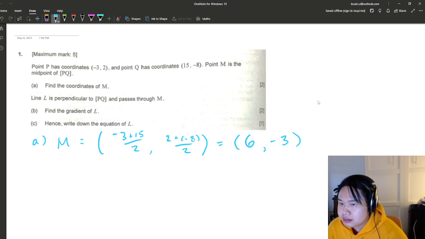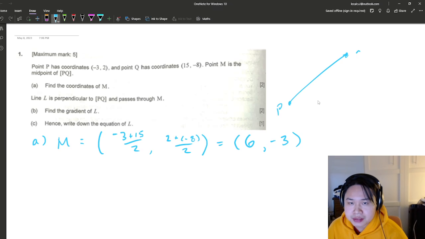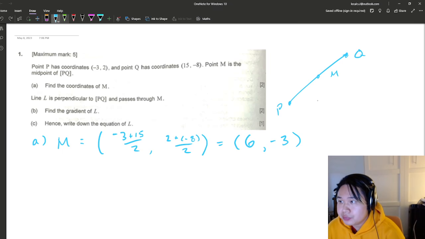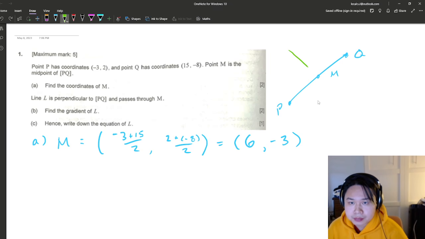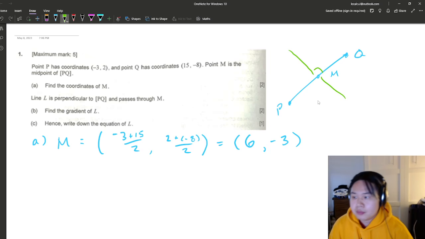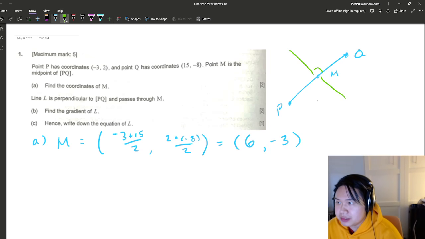And then we need to find the gradient of L. L is perpendicular to PQ, and it goes through M. So this should be straightforward. First we need to find the slope or gradient of PQ.